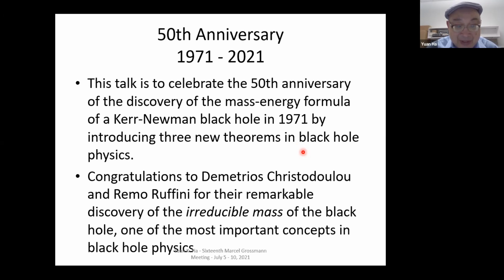So first, congratulations to Dimitris Christodoulou and Remo Ruffini for their remarkable discovery of the irreducible mass of the black hole, one of the most important concepts in black hole physics.